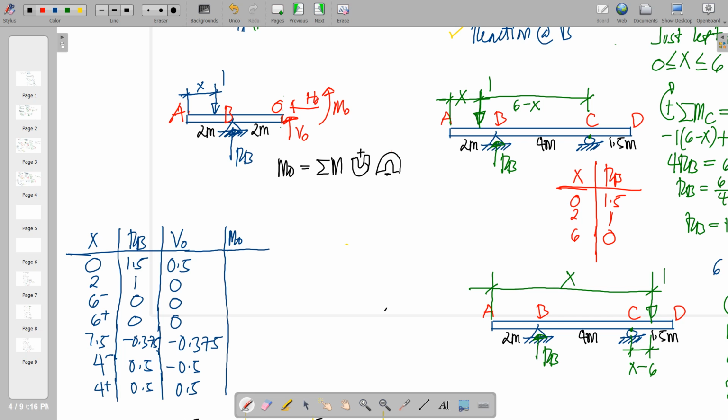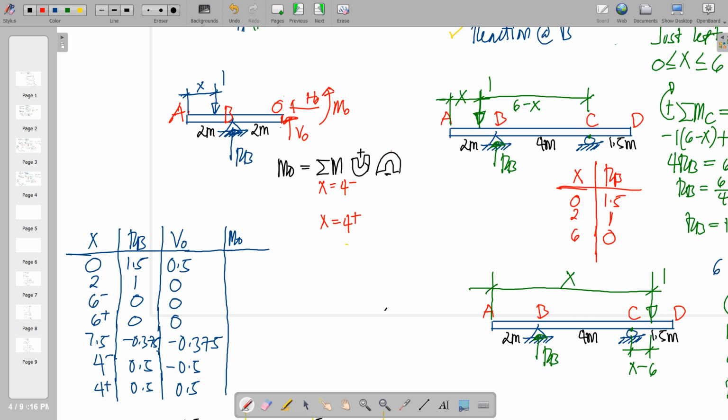So what are those? Again, there will be an equation for X. See, X is 4 minus, and X is 4 plus.